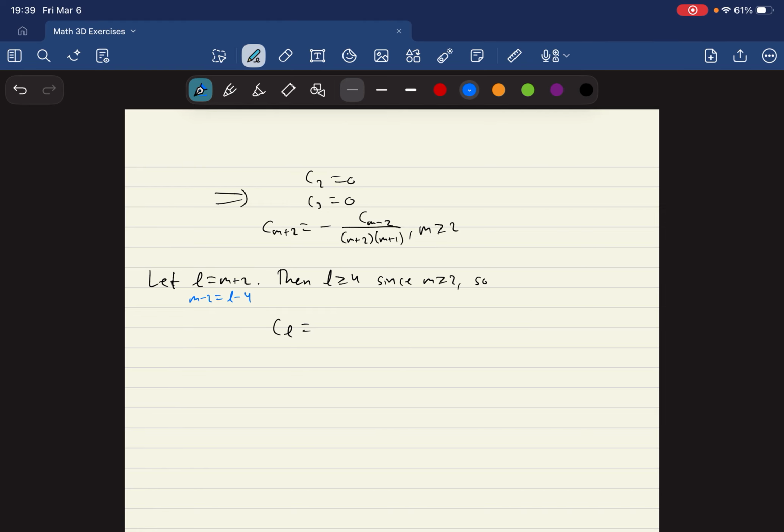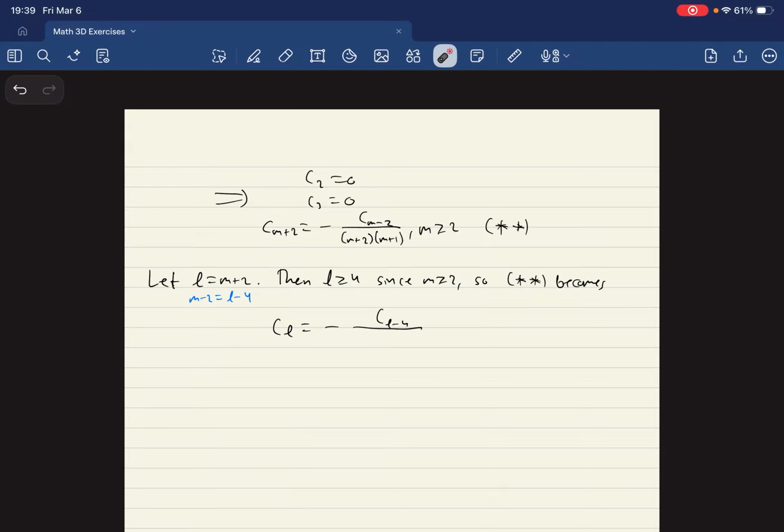So this equation right here, which I'm going to call double star, becomes the following: negative C_{L-4} all over, and then m plus 2, once again, is L. And then m plus 1 is going to be L minus 1.